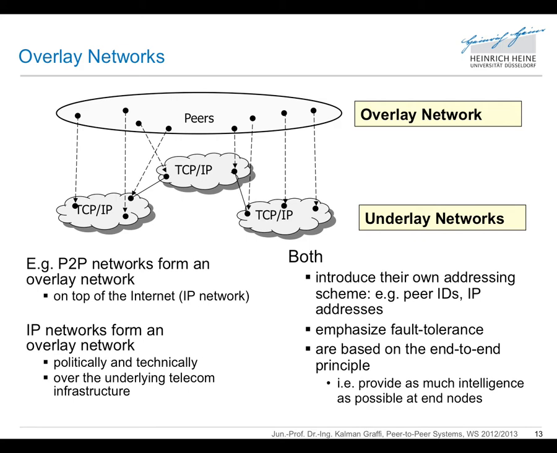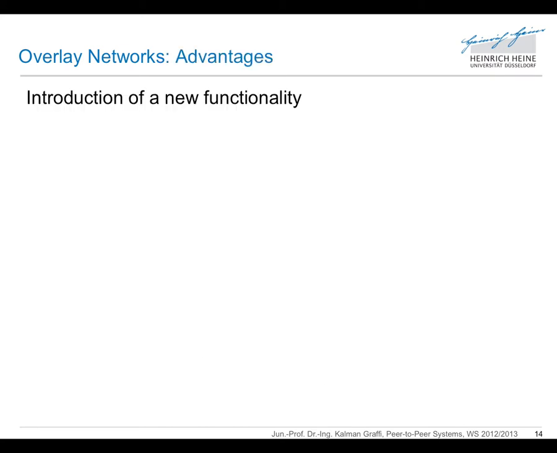That's an ID that is used in the peer-to-peer overlay for routing and all its purposes, and the original TCP/IP address is not really seen in the overlay. Some of the functionalities of IP and peer-to-peer overlays are similar, but that's not a focus.